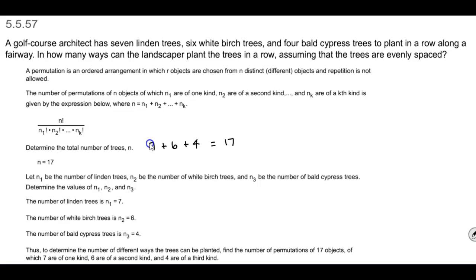And then we're going to define what n subscript 1, n subscript 2, and n subscript 3 represent. The number of linden trees is n subscript 1, which is 7.